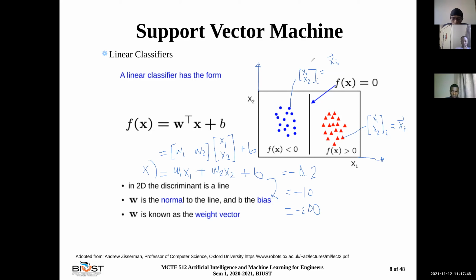When you're on the boundary, if you have a point here, the value when you evaluate w x plus b for that x is equal to 0.